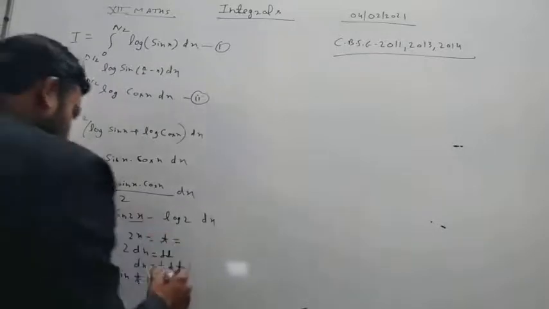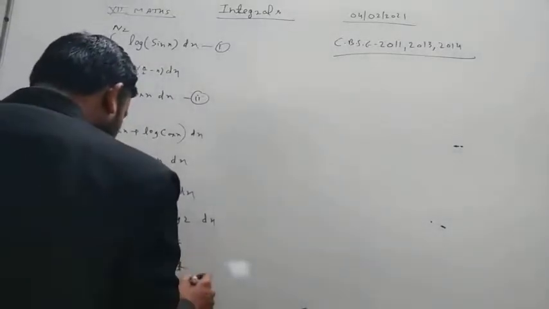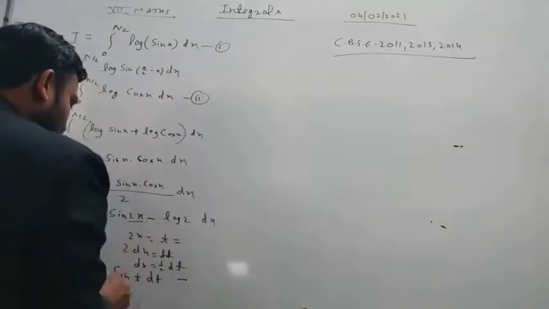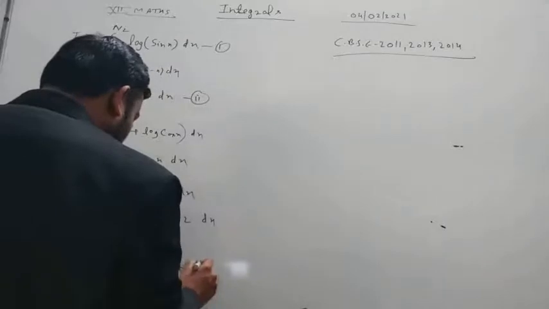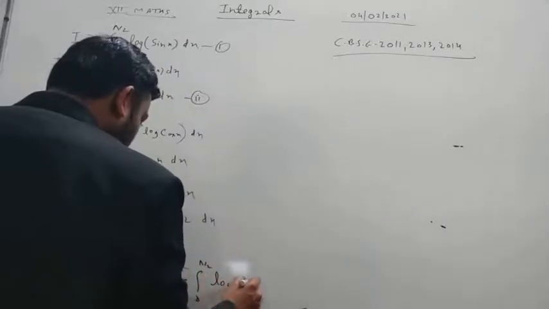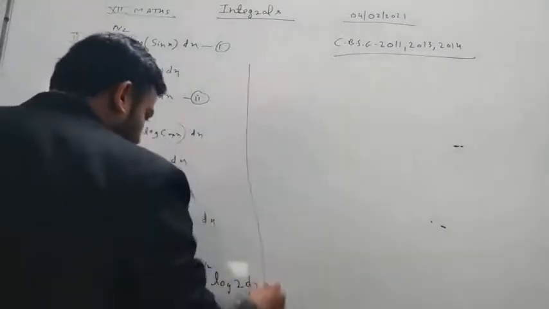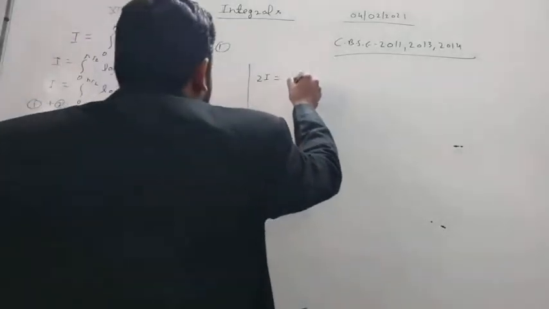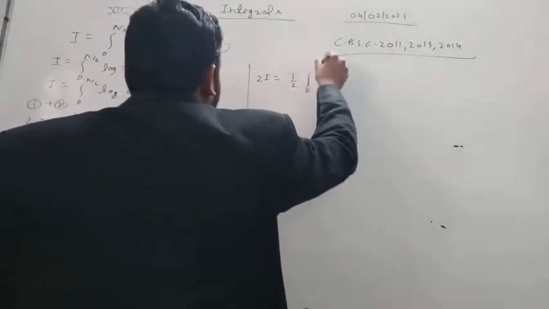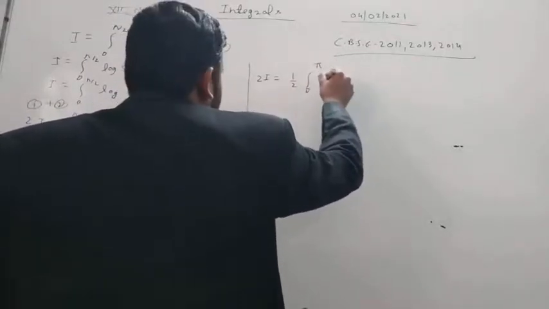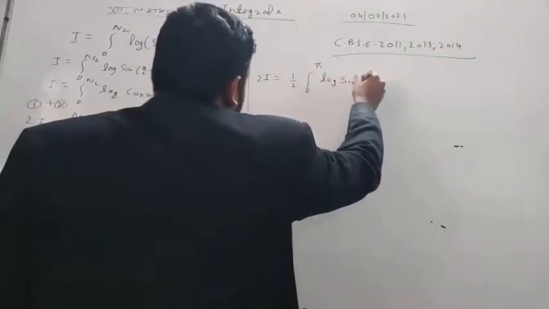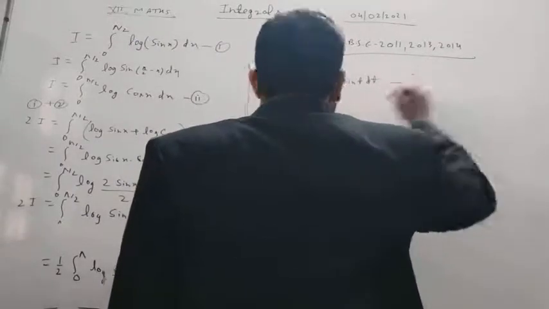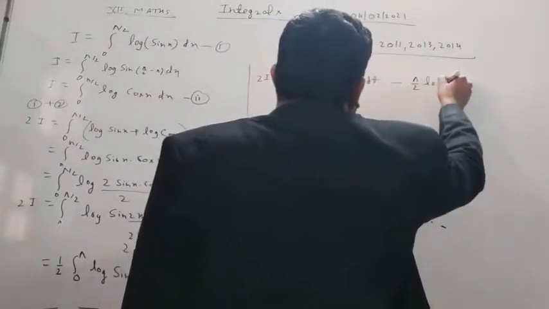And here the other part is the integral from 0 to pi by 2 of log 2 dx. Now this part: 2I is equal to 1 by 2, integral from 0 to pi, log sin t dt, and minus pi by 2 log 2.